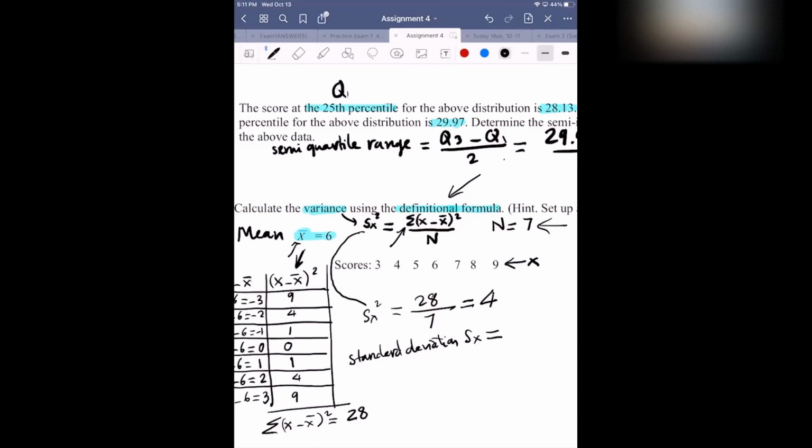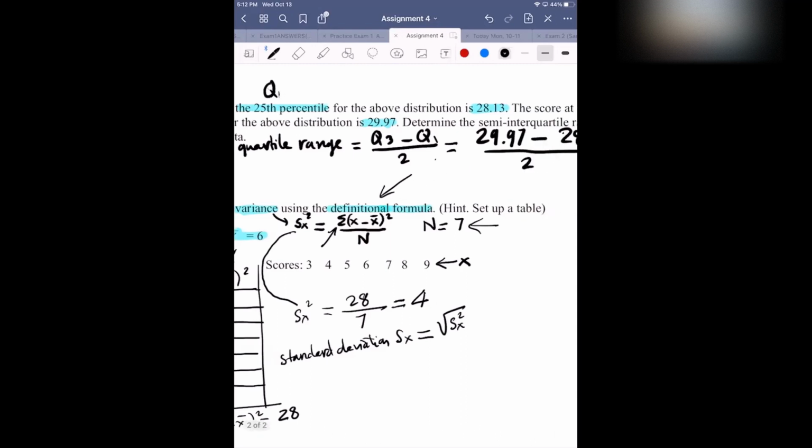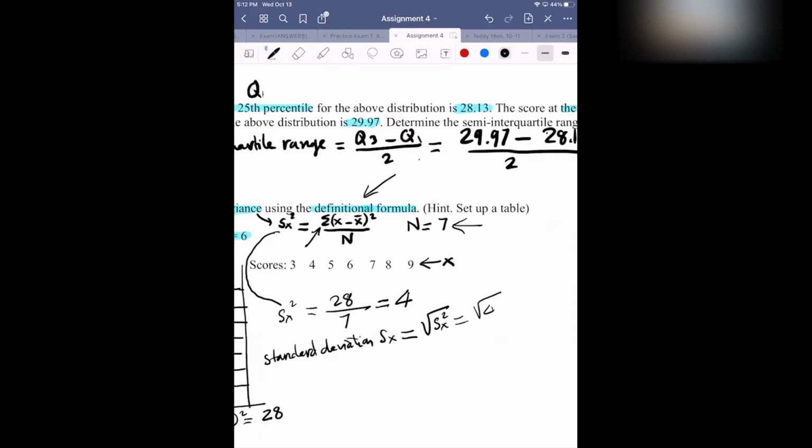How about other people? Brianna. All right, so you just have to take the square root of the variance above. So you take the square root of s of x squared, which is the square root of 4, which is 2, and you're done, right?